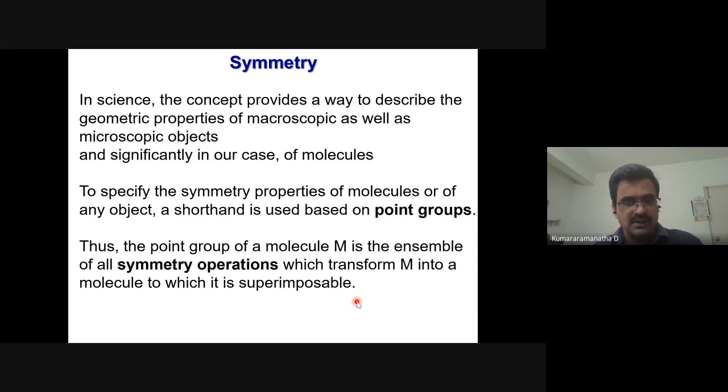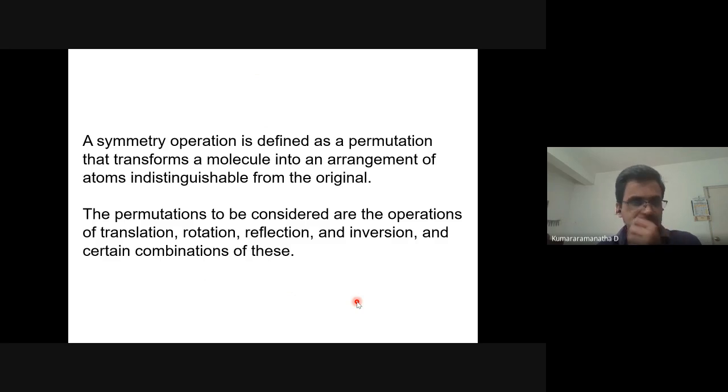Now, let us see what exactly symmetry is all about. As I told you, we can do an inversion, translation, or rotation, glide, so many are there, but we will not discuss more.